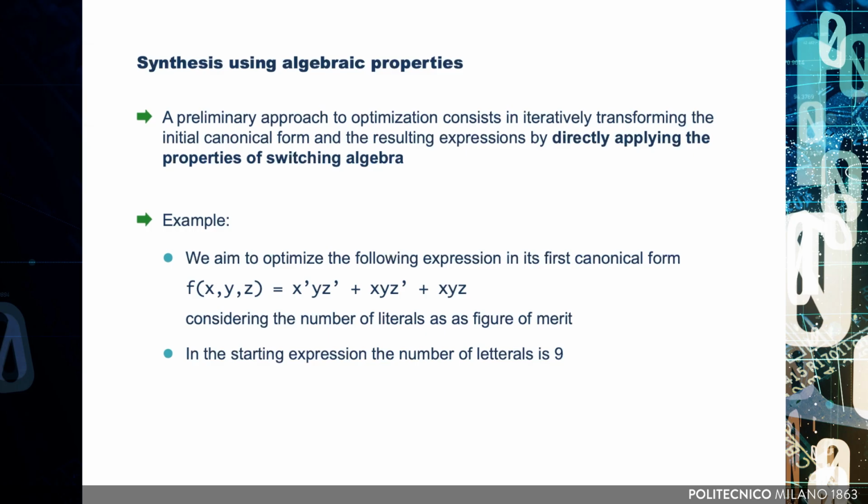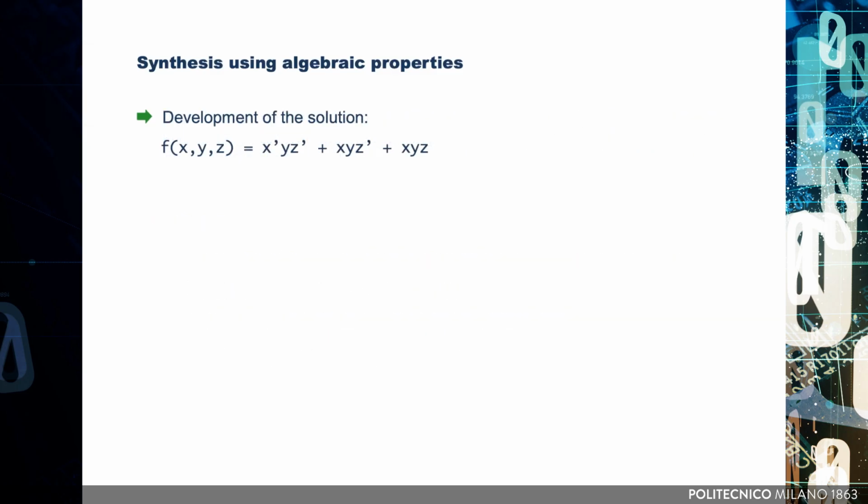For now, we introduce the use of this figure of merit, which will be discussed in detail in the next lesson. First, we calculate the cost of the initial expression. The number of literals is 9. We can then proceed by sequentially applying a series of axioms and properties of the switching algebra. Specifically, we apply the distributive property.